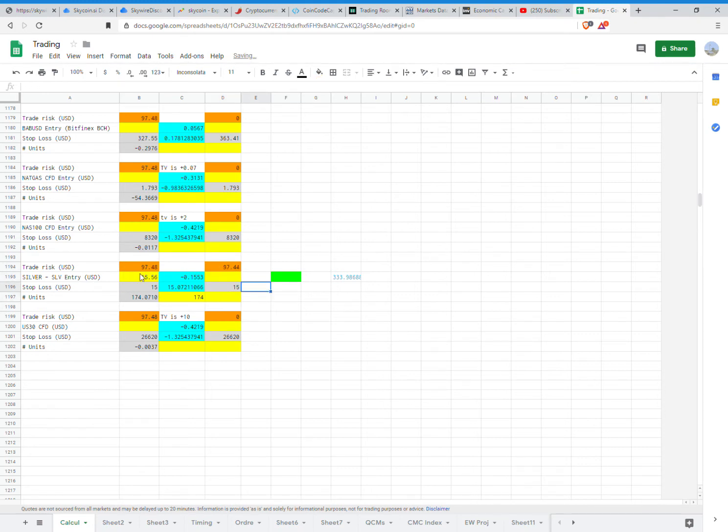So I would buy 174 at this price, and my 1% is this, and if I would do that and get stopped out, I would lose 97.44 in US dollars, which is about 130 or 129 dollars.